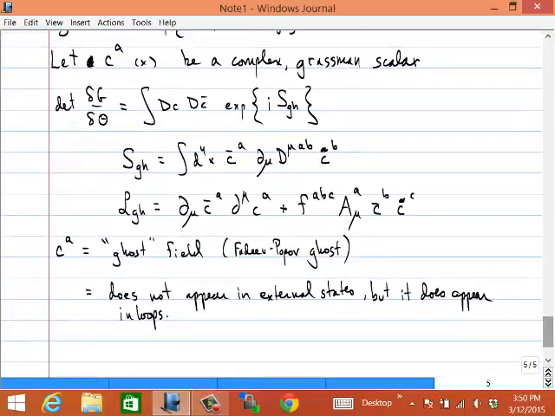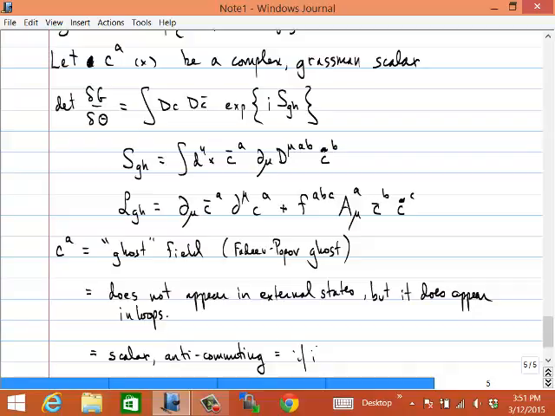There's one thing that is somewhat disturbing about this ghost field, which is that it is a scalar, but it is anti-commuting. So if it were a real physical field, it would violate the spin statistics theorem.